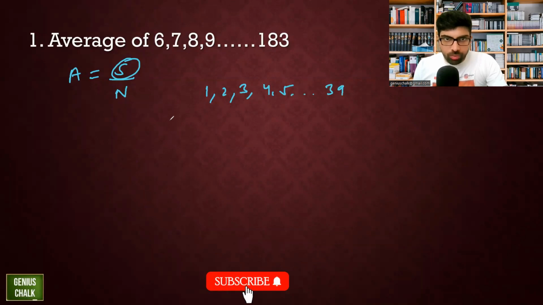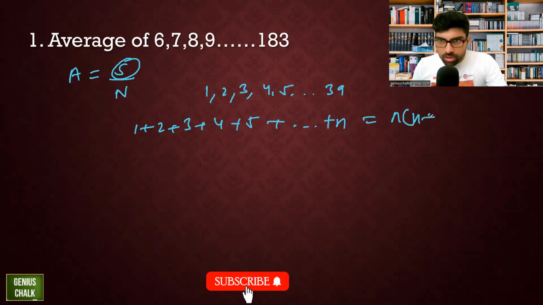So what is the sum? 1 plus 2 plus 3 plus 4 plus 5 plus up to 39. If I generalize, instead of 39, if I have this up to n, what is the sum? The sum of the first n natural numbers is n into n plus 1 by 2.